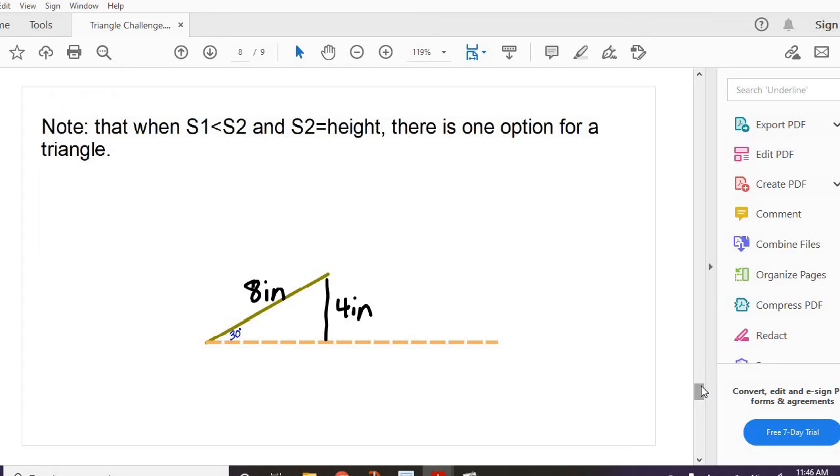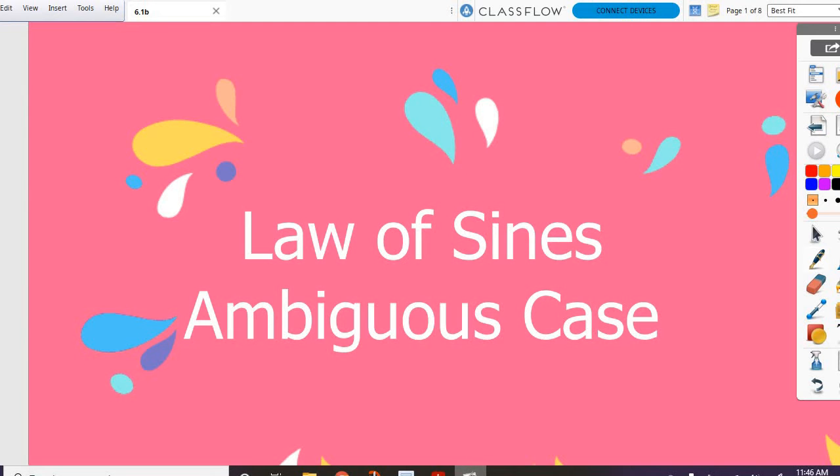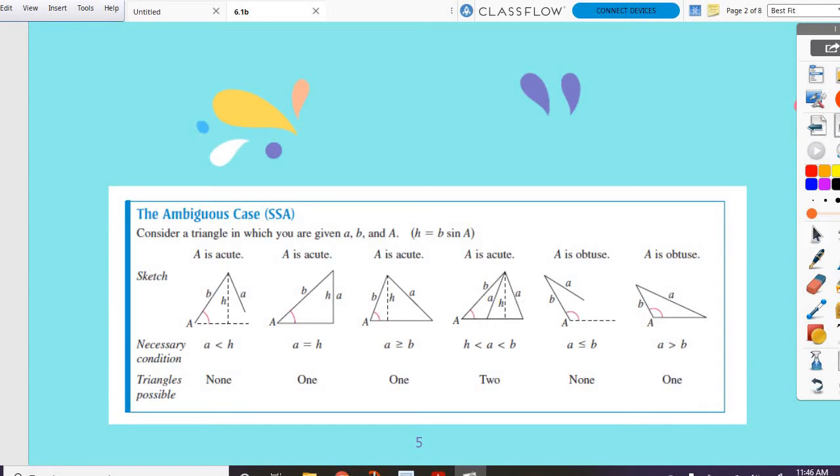If it equals the height, there is still only one option. So remember that this is important, that we're still dealing with law of sines. We're still going to be using our law of sines, but we're dealing with the ambiguous case, which is side-side angle.